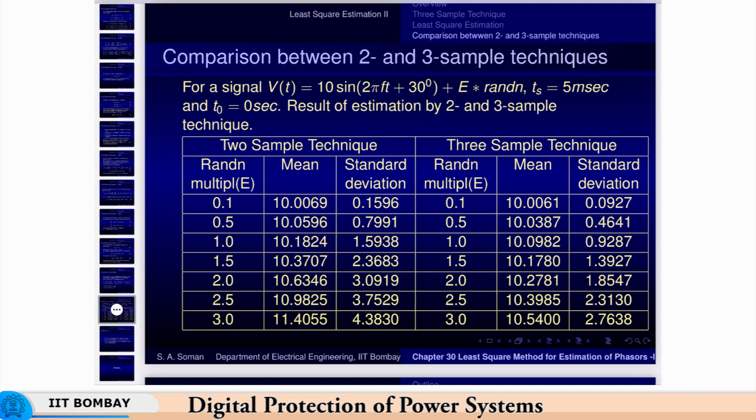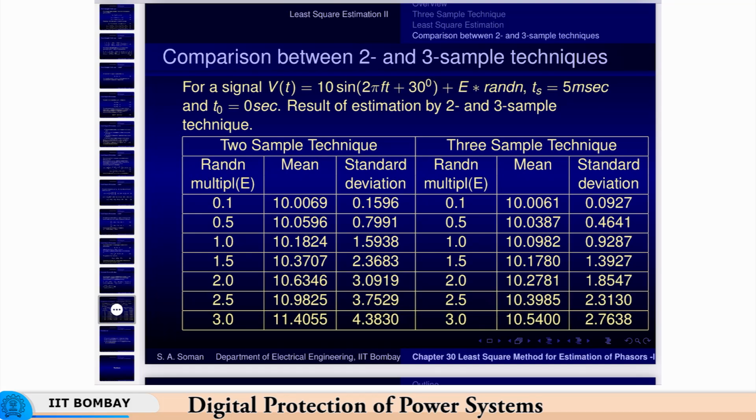So, if you observe here that as the noise increases, if you take the worst case where your E is equal to 3, the maximum noise that we have simulated here, we saw this last time also, that the mean has now gone significantly away from 10, and it is 11.4, and the standard deviation, the spread, is also much more, at 4.38.